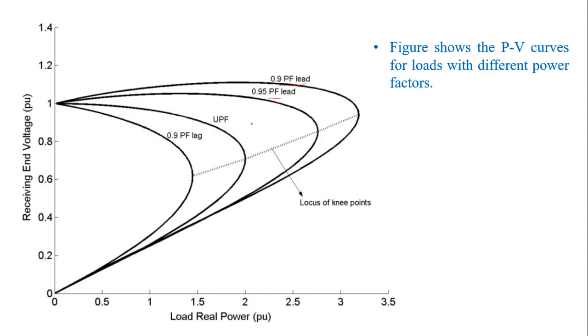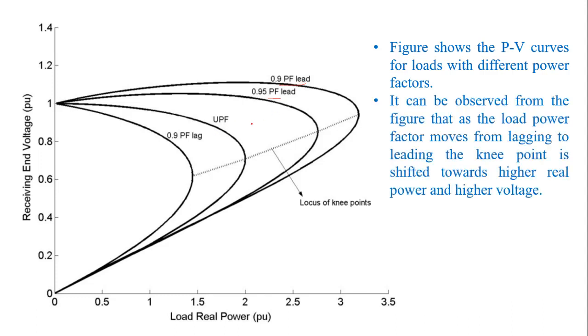It can be observed from the figure that as the load power factor moves from lagging to leading, the knee point is shifted towards the higher real power and higher voltage.